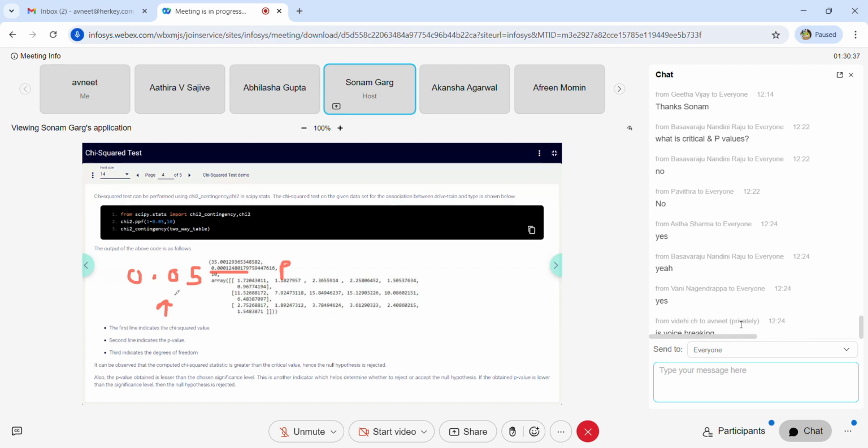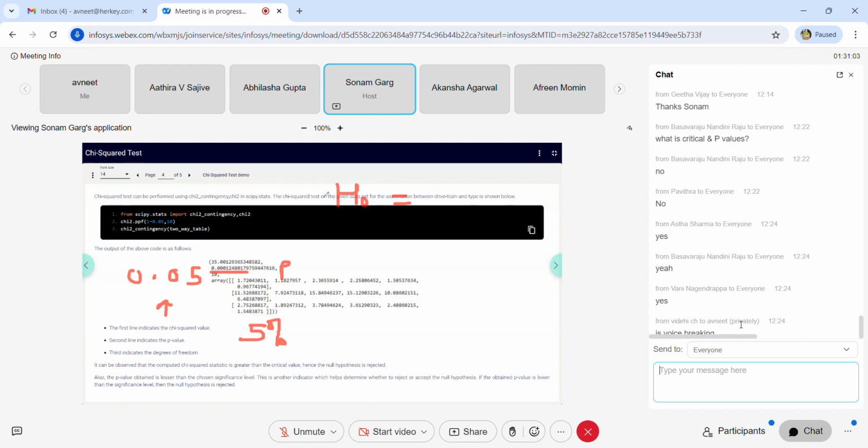It tells us that there is not even 5% of the support with which I can say that what I have assumed in my hypothesis is correct. Not even 5% support for this null hypothesis. So less support. So what will I do? I will reject my null hypothesis.